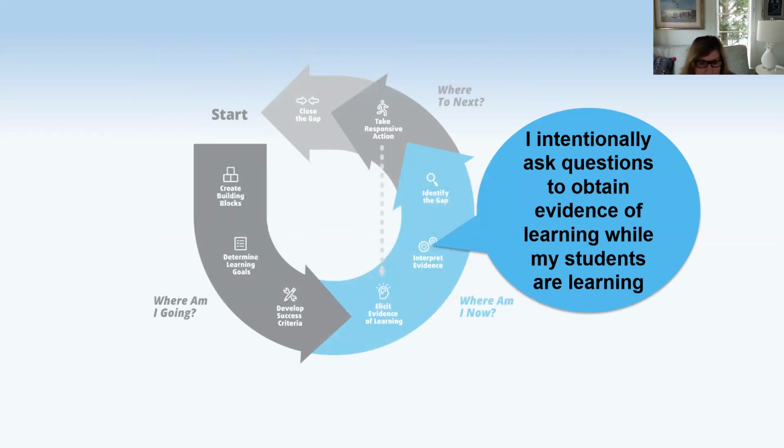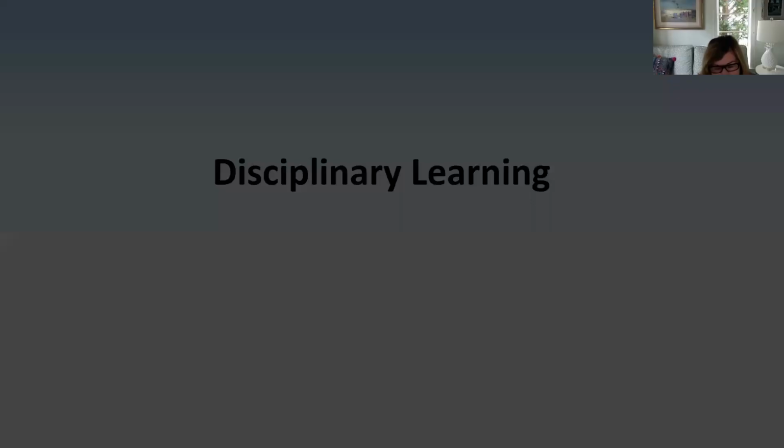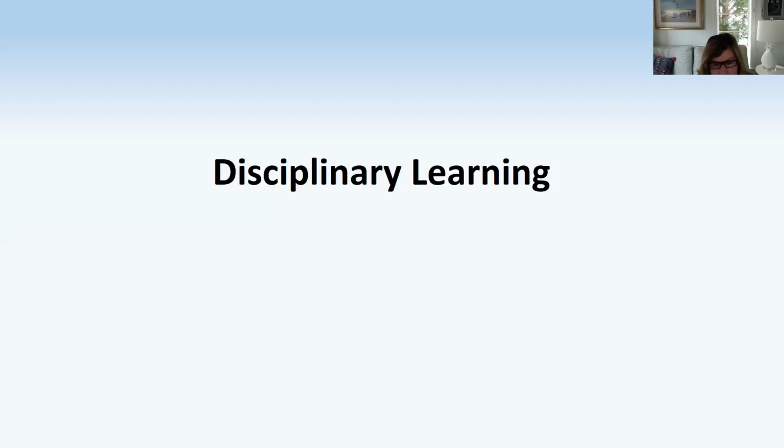And as we mentioned in the face-to-face sessions, the importance of identifying those questions ahead of time, so that you're really asking high-quality, substantive questions that are going to give you insights into where student thinking is with respect to the goals and criteria.